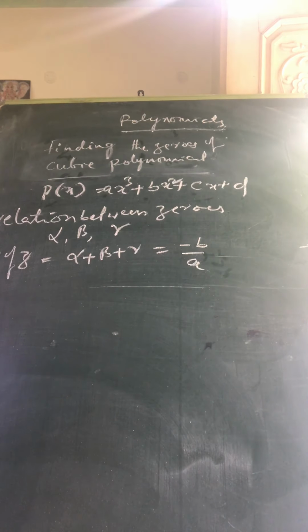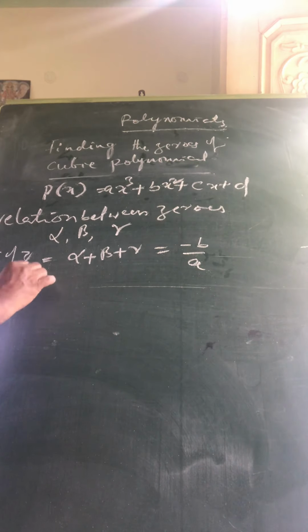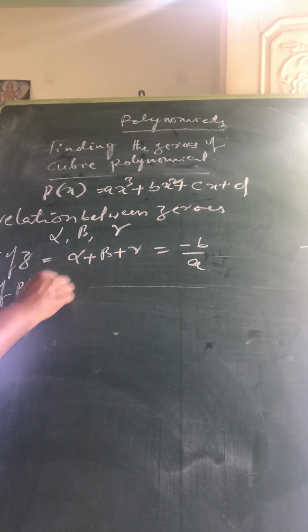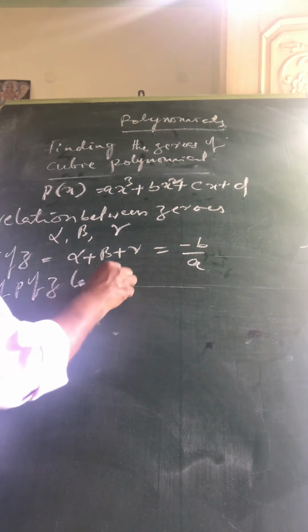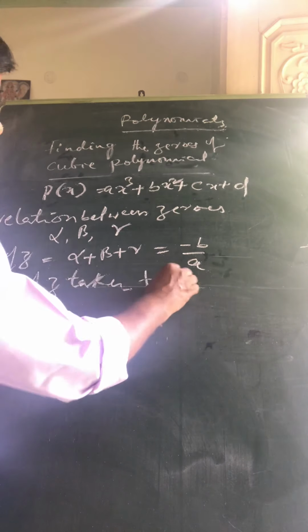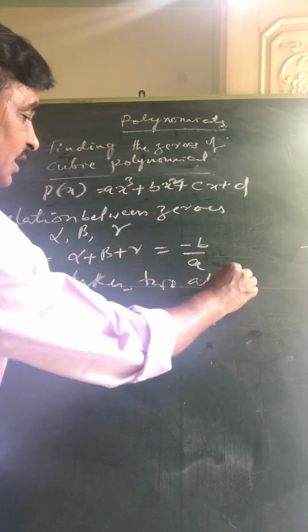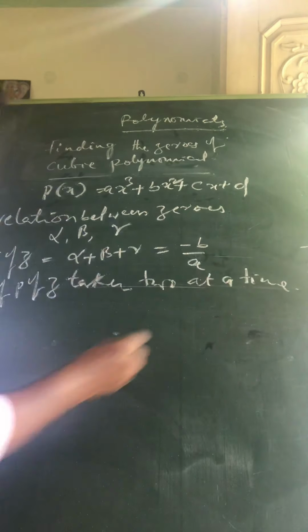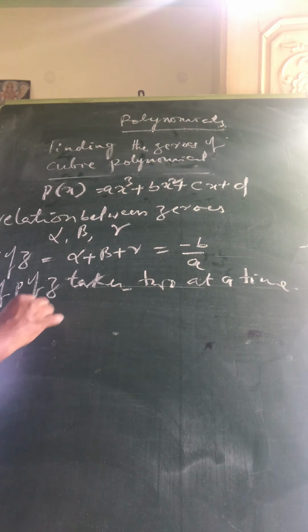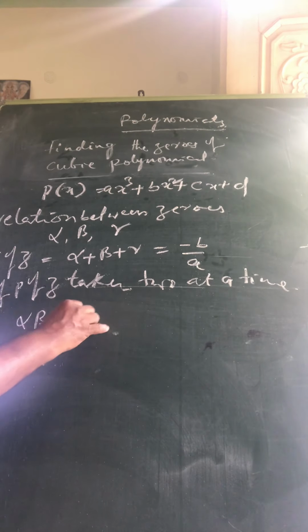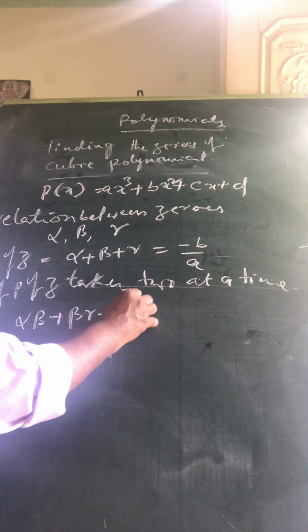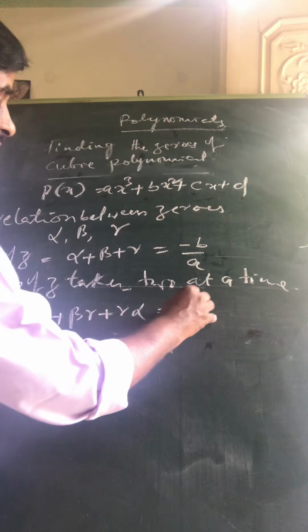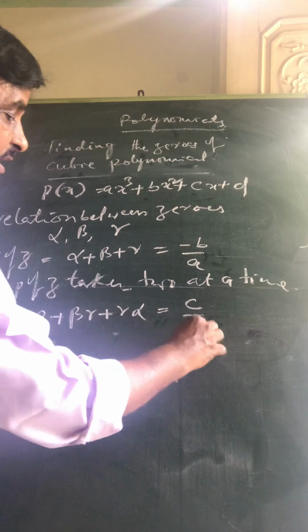And the second relation is the sum of products of zeros taken 2 at a time, that is alpha beta plus beta gamma plus gamma alpha is equal to c by a.